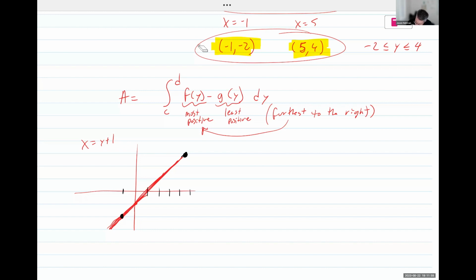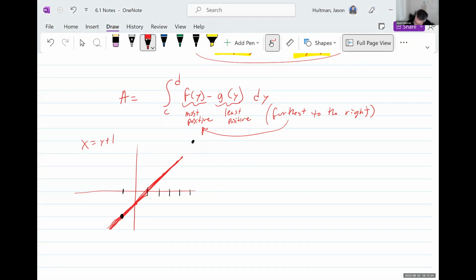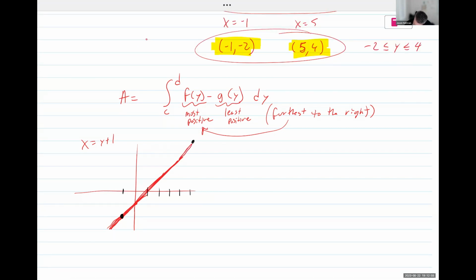No, it's not there. It's here. It's there. Okay, there we go. And out 5, up 4. Perfect. Okay, so that's those 2 points of intersection.